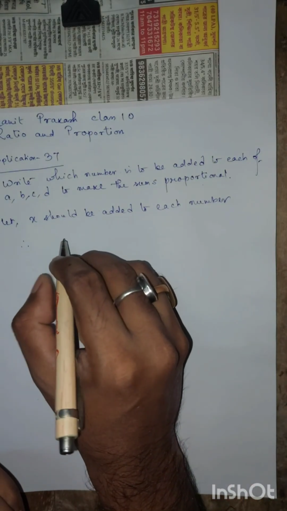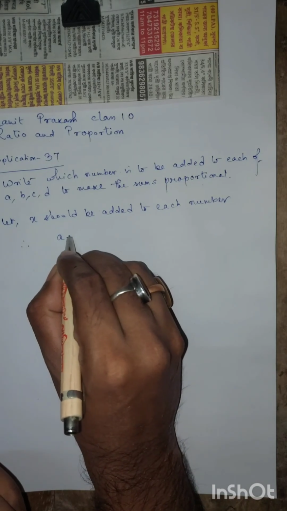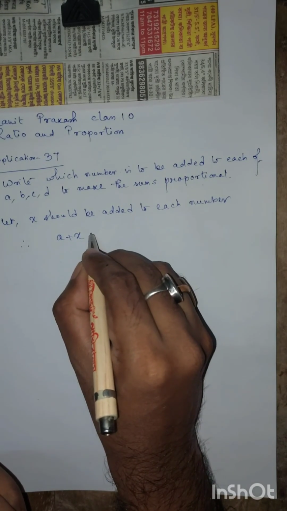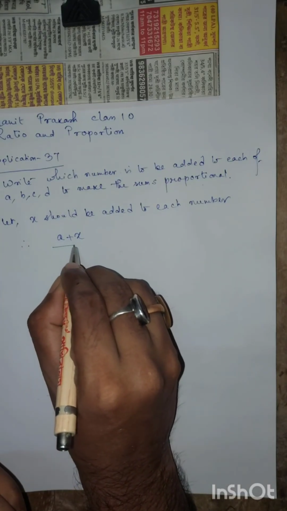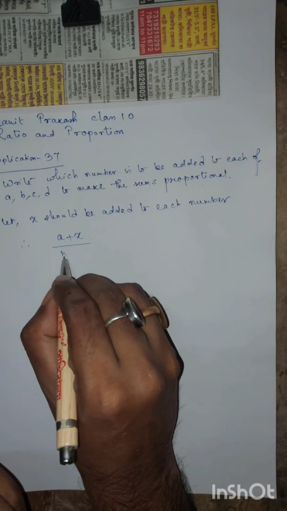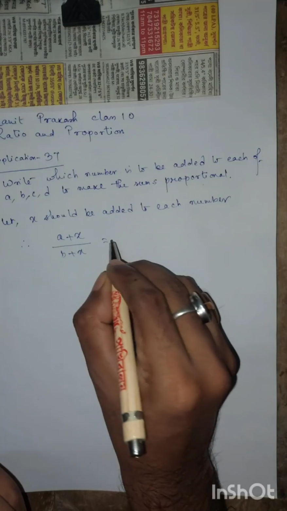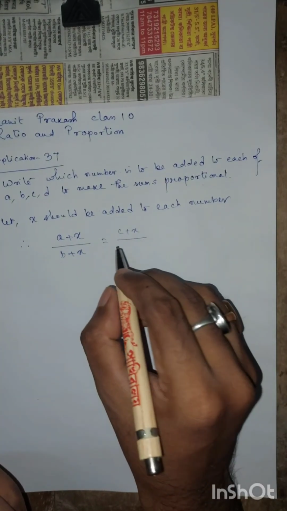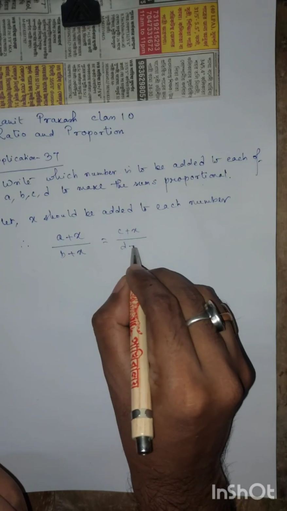That means a plus x by b plus x is equal to c plus x by d plus x.